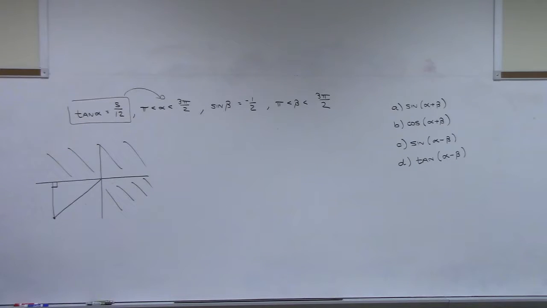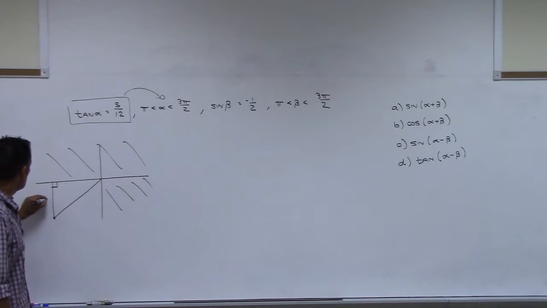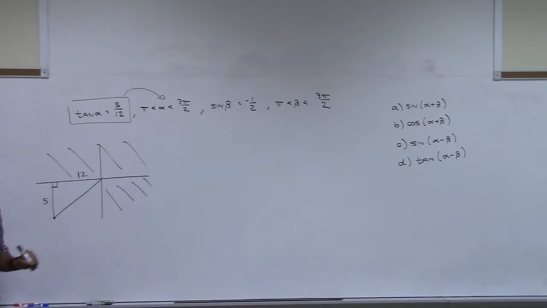Tangent of alpha is the y coordinate divided by the x coordinate. So you might be thinking that the y coordinate is 5 and the x coordinate is 12, but that would be incorrect. They both have to be negative because you're in the third quadrant.